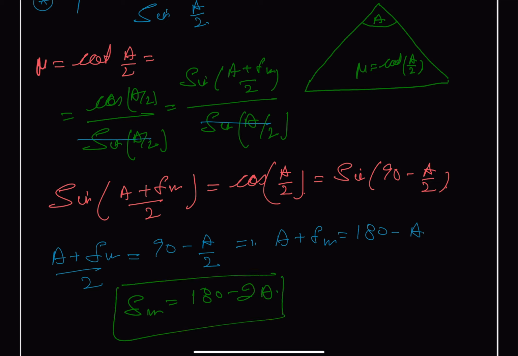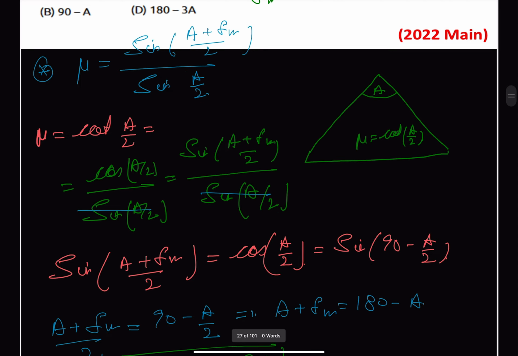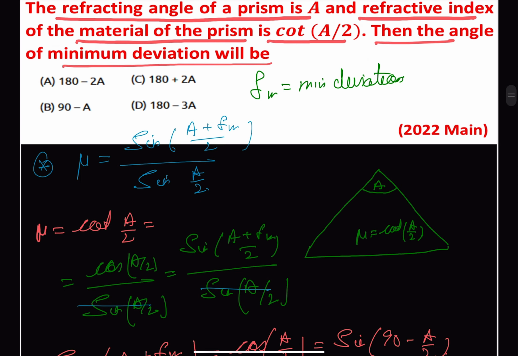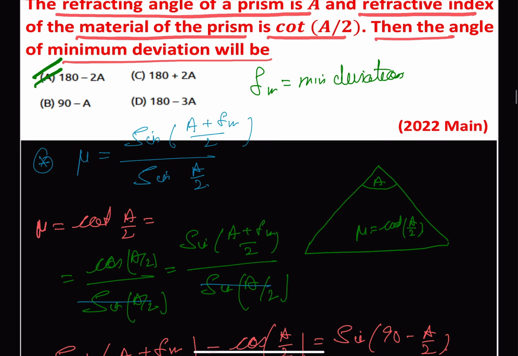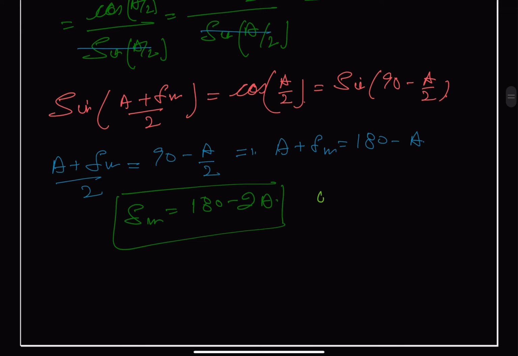So this is the angle of minimum deviation, and option number A is the correct one. Option A is correct.